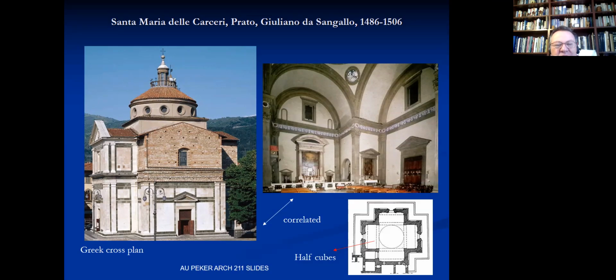The Greek cross plan, developed again in the Orient in Byzantine architecture, was reflected and experienced in Italy by this architect.